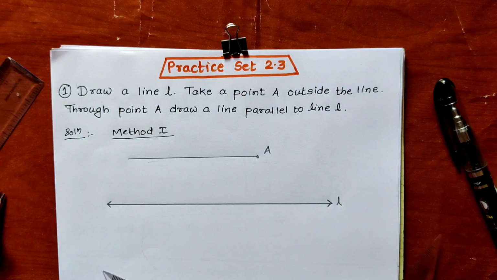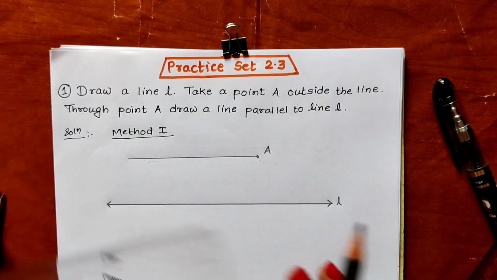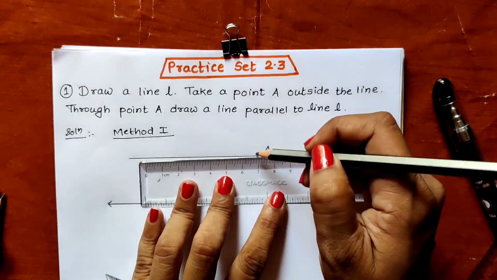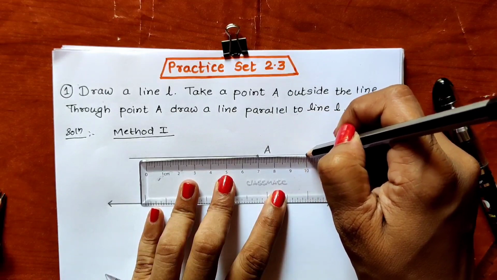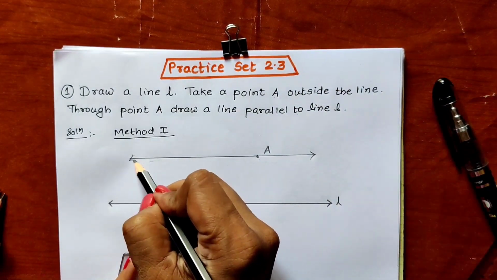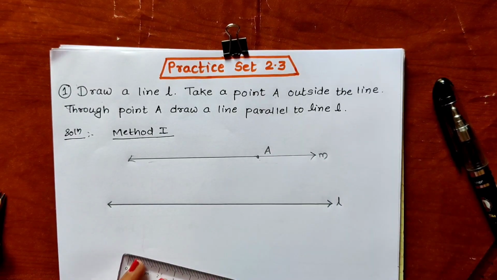Okay, so as we have drawn one line passing through point A, we can extend on the other side in this way. Okay, and this is a line parallel to line L which passes through point A.